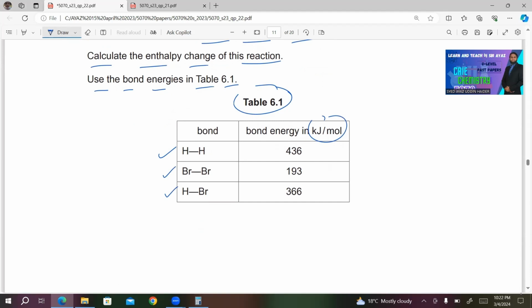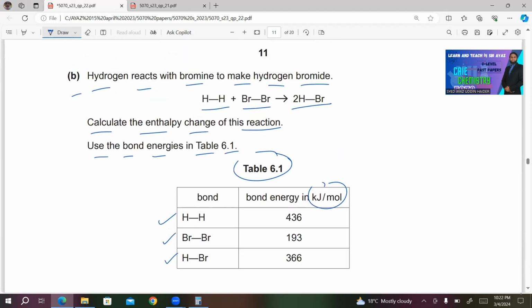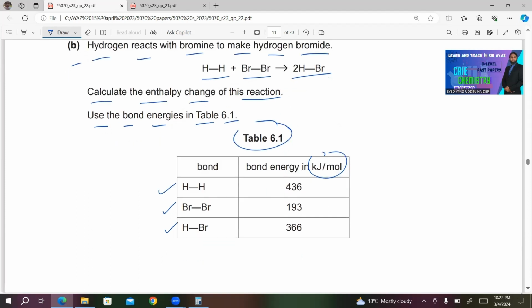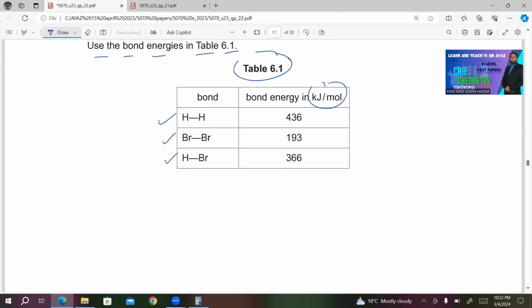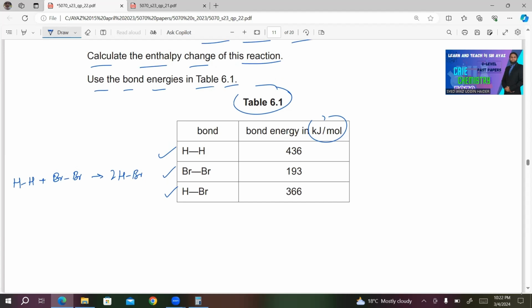So here I'm going to draw the reaction again. This involves the formation of HBr from H2 and Br2. So this is the equation. In order to calculate the enthalpy change of this reaction, recall the formula.